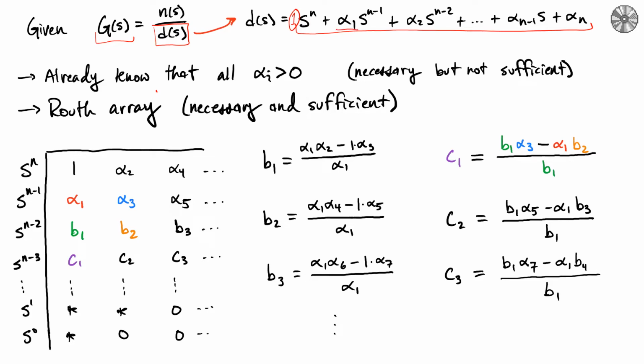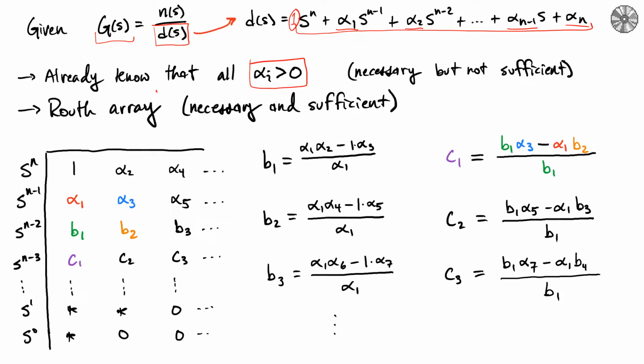Then all of these coefficients multiply the different powers of s. The first check is to make sure that all of these alphas are greater than 0. If they're not, then you can automatically say that there's at least one pole that's not stable. But if they're all positive, the next step is to build the Routh array, which confirms whether or not the system is stable.